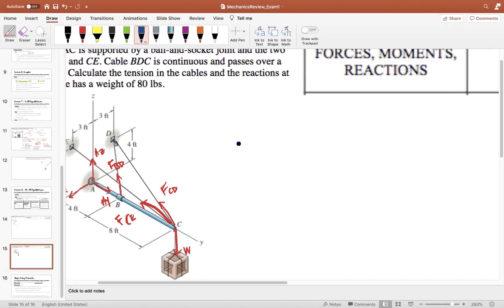Anyway, it wouldn't be the moments about A, but you're right that there are reactions at A, right? And because they're all related to A, we can write AX, AY, AZ. Beautiful. Someone who hasn't spoken for real this time.